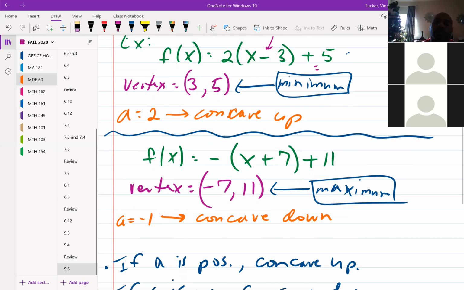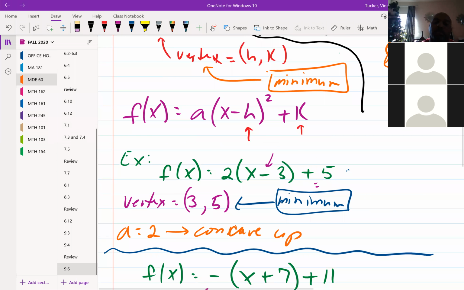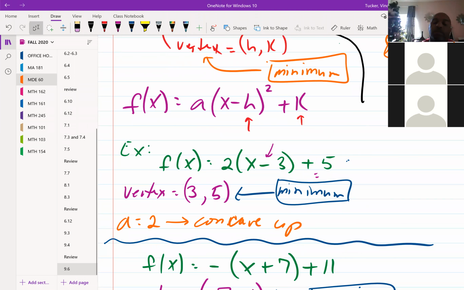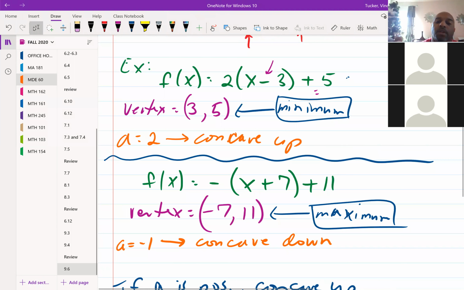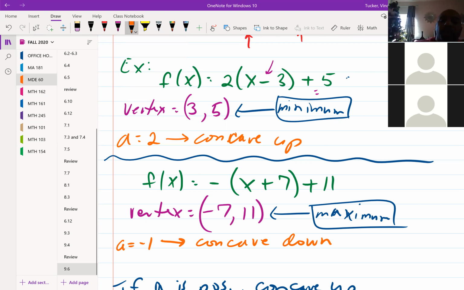And when it says a equals 2, see what I could have written right here, because it wasn't about it being 2, it was about it being positive. So what I could have said was a equal to 2, a is positive.